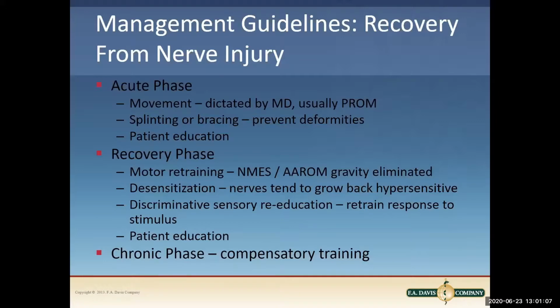Retrain their response to stimulus. We may even do stuff like palmar grasp training, like we had as a baby, that every time something touches your palm, you close your palm, right? You may do stuff like graphesthesia. Does anyone know what graphesthesia is? So I'll type it down here.